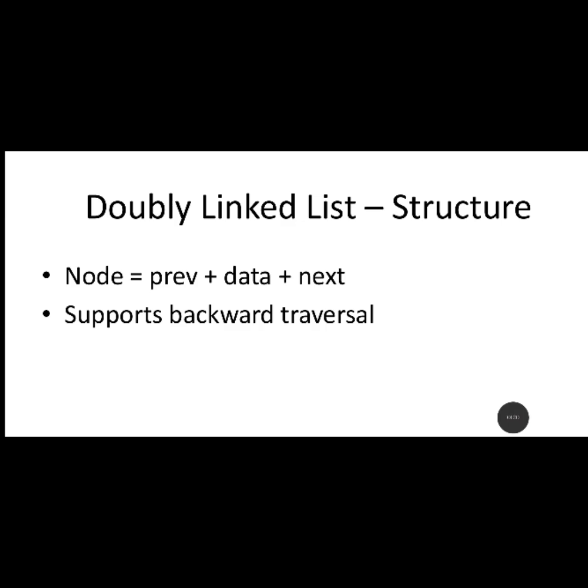While coming to the doubly linked list structure, the node consists of data and also the next and the previous parts. It supports backward traversal, while the singly linked list supports only one-way traversal.